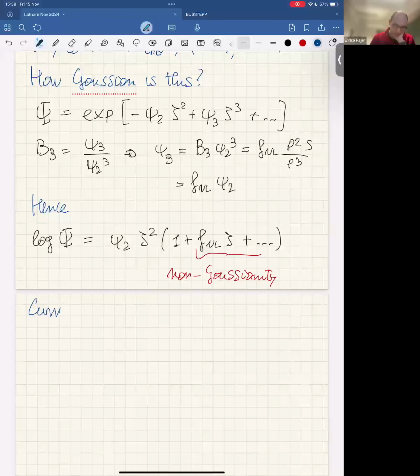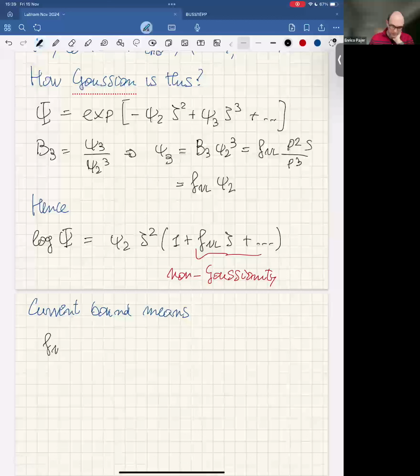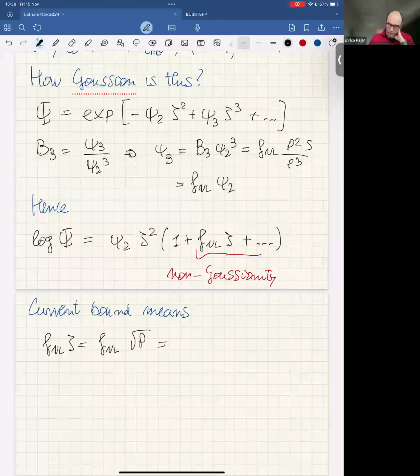And the current bound, what does it mean? It means that F_NL times zeta, where I estimate zeta to be the square root of the power spectrum, which I know is approximately 10 to the minus 5, is smaller than 10 times 10 to the minus 5, which is 10 to the minus 4.